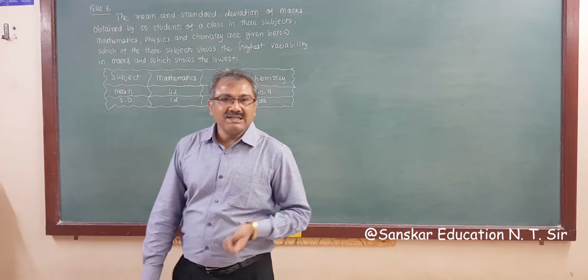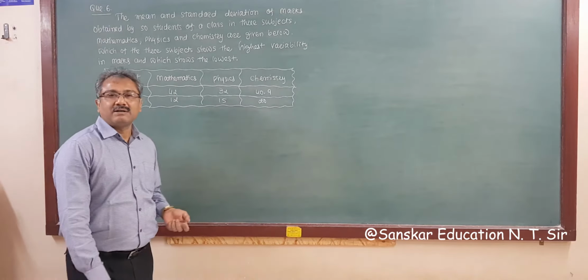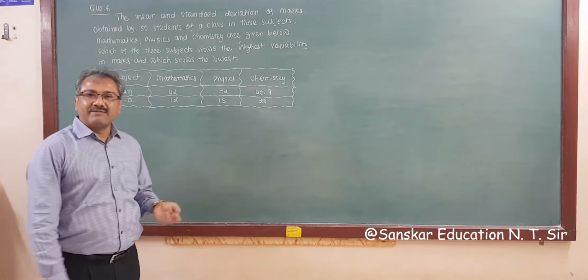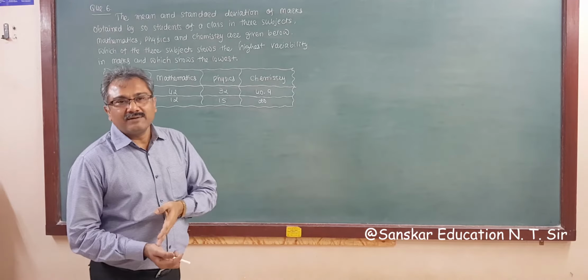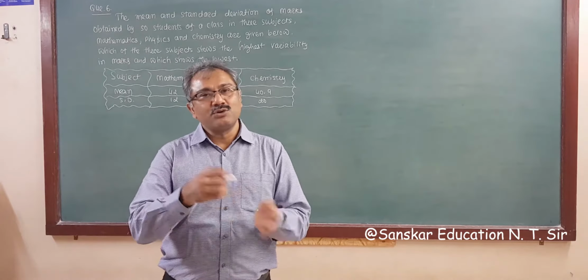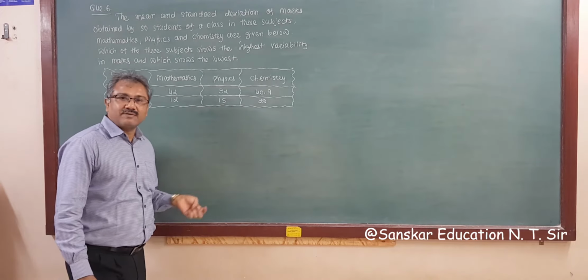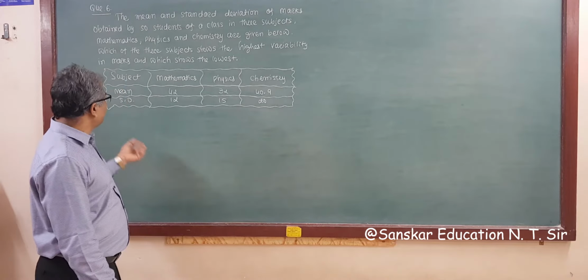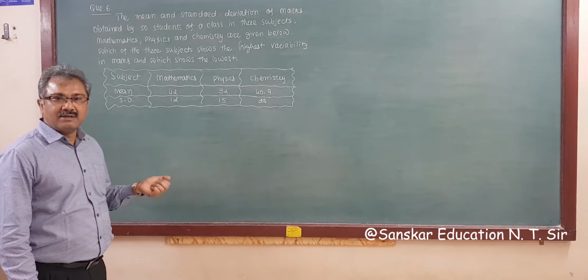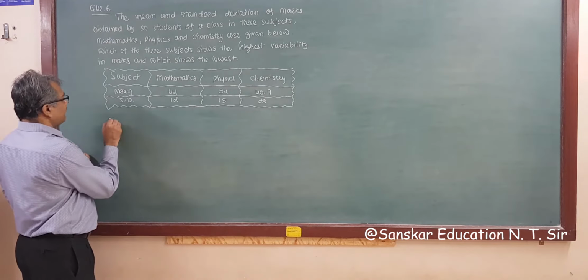That means we have to find out CV for mathematics, physics and chemistry. A greater CV shows the highest variability and the lowest CV shows the lowest variability. So it's a simple, very easy question. Now we have the formula for CV.